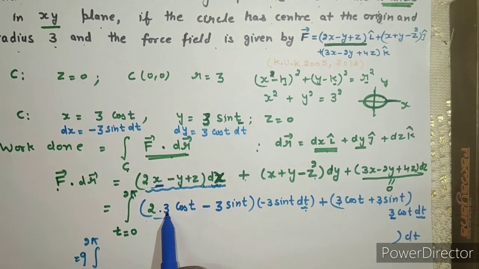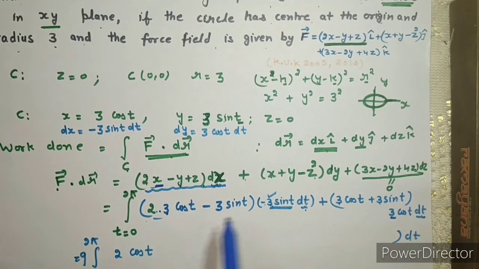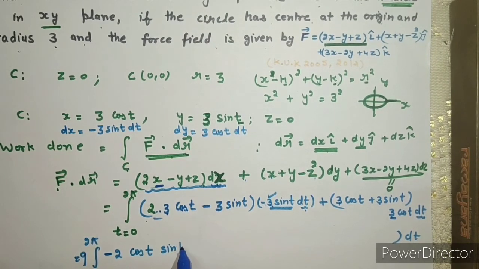If I take 3 outside, what is in my hand? So there is 2 cos t. है ना? 3 sin t. I have taken 3 outside. So 1 is balanced. So this is y. Sorry, minus. And multiply this by sine of t.